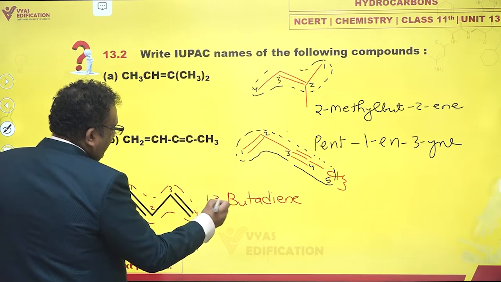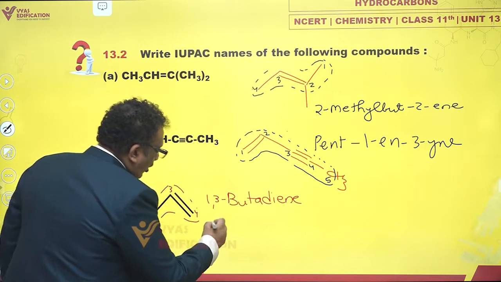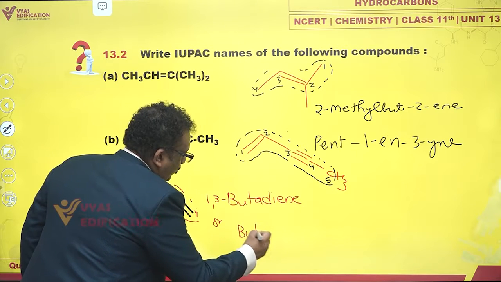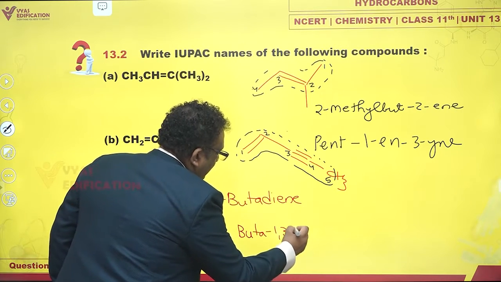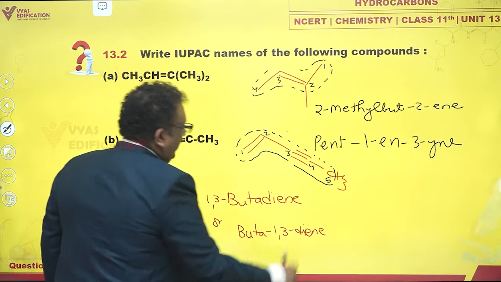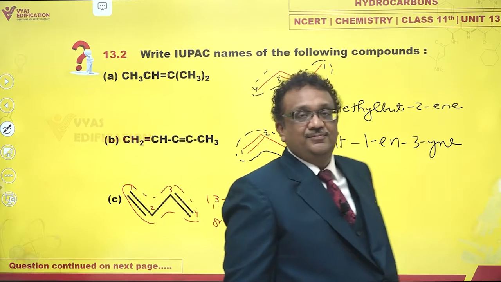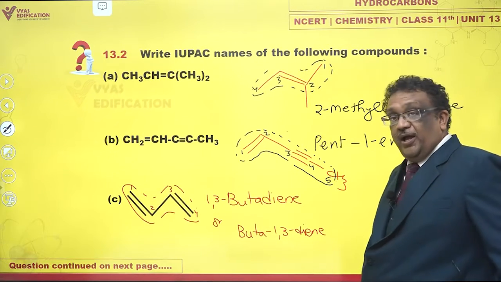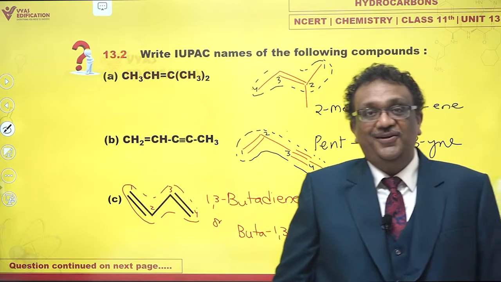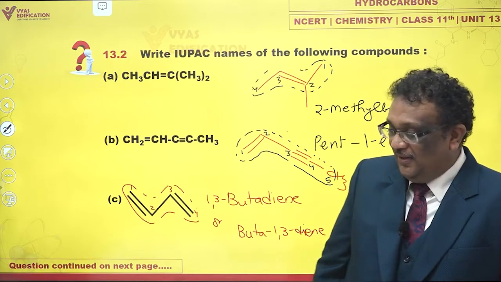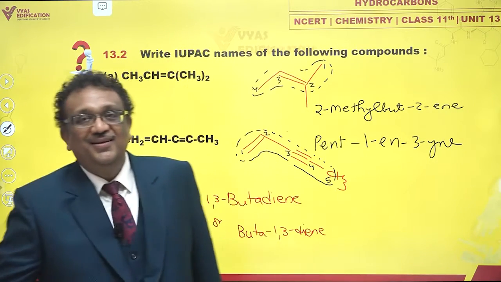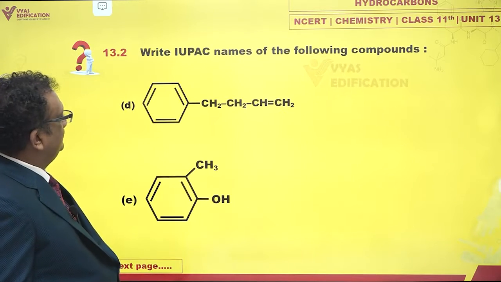So 1,3-butadiene or buta-1,3-diene. Both are correct. You can write it whichever way you like. Either of them is of course the correct name.